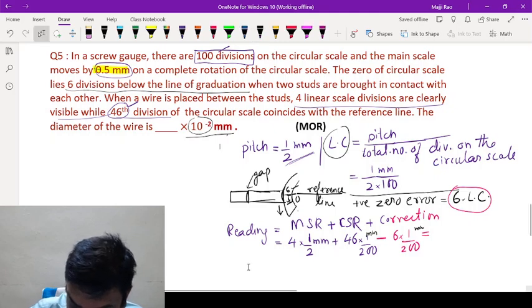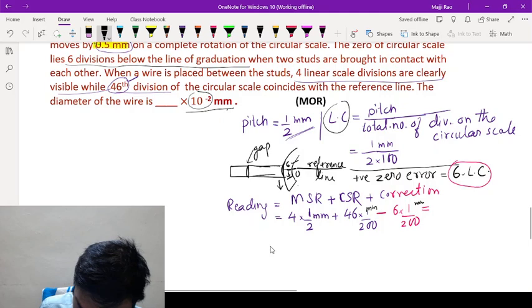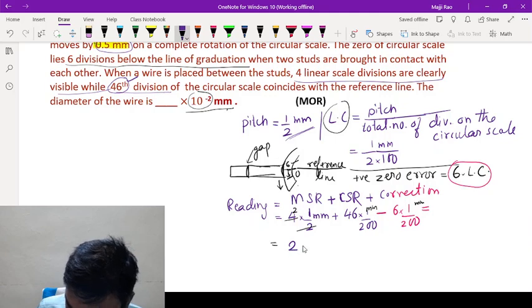If I multiply throughout by 100, then I will have 200 here. Let me write this: 2 plus 46 minus 6 is 42... when you multiply by 100, see what happens.